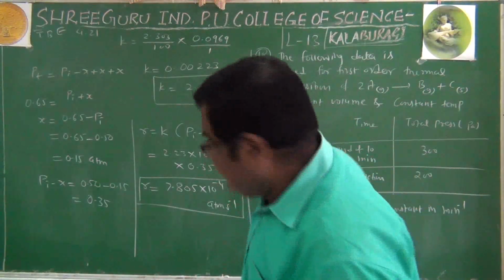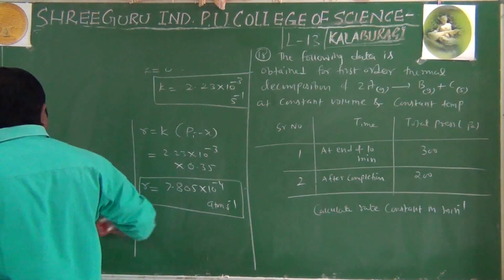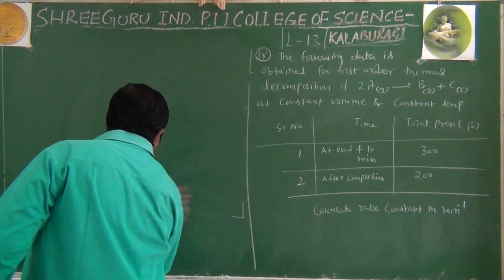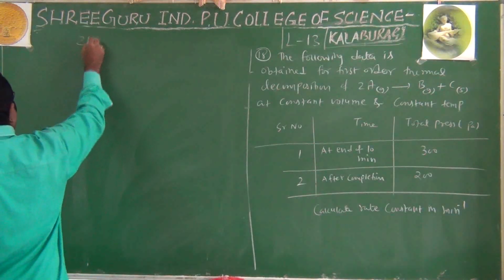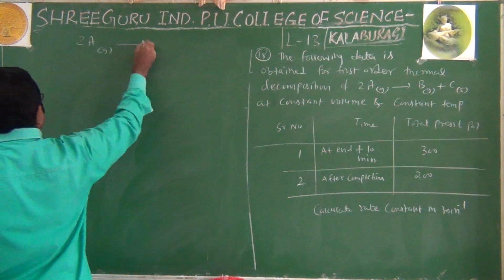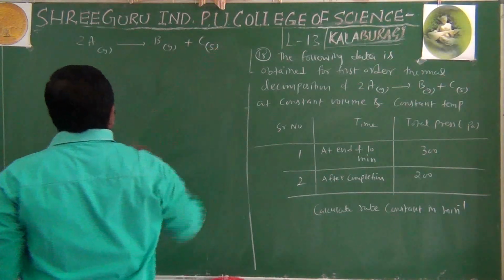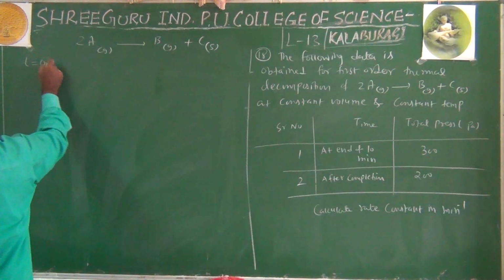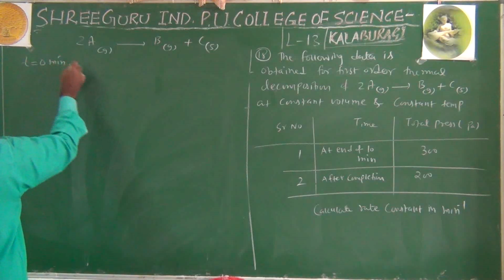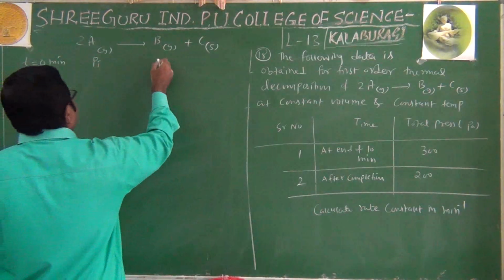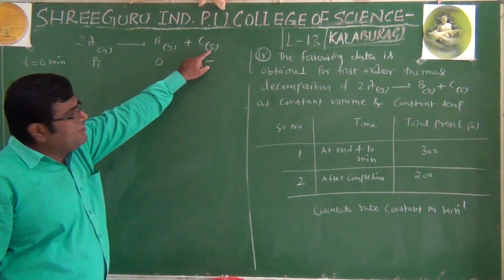Now we should very carefully proceed in this question, because this is the exact type of question we may come across in the examination. So first we write the reaction. 2A in gaseous state gives B in gaseous state and C in solid state. We write t equals 0 minute. They have used minutes. We write this as Pi. This is the 0 pressure, and there is no pressure applicable for C here, remember, because C is in solid state.